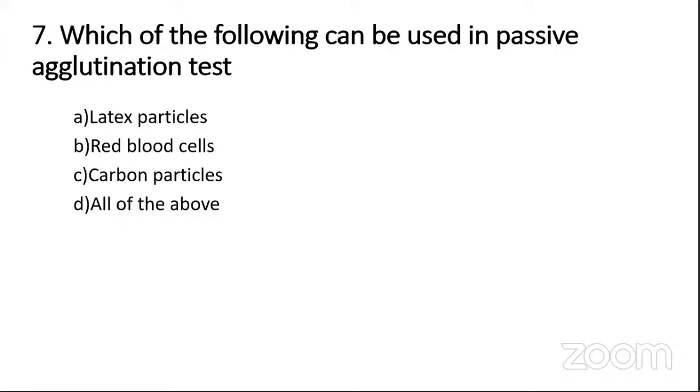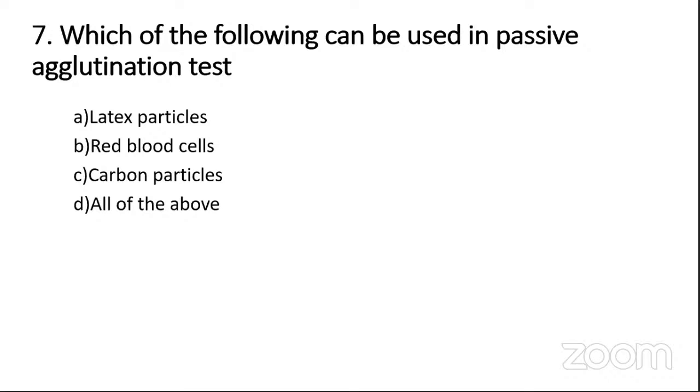Which of the following can be used in a passive agglutination test? What is a passive agglutination test? Conversion of a precipitation reaction to an agglutination reaction is called a passive agglutination test, which alters the soluble antigen to a particulate antigen.